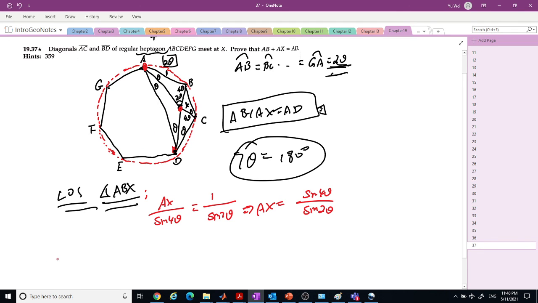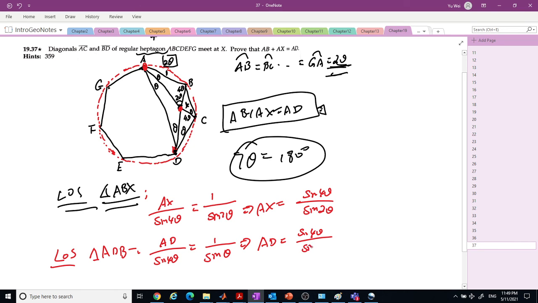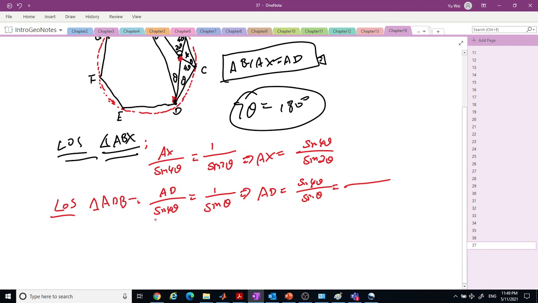Now let's solve the AD. Law of sine put on triangle ADB. Then we have the AD over the sine of 4 theta is 1 over sine of theta. So we can solve AD is equal to sine 4 theta over sine theta. So we can see one thing, okay?